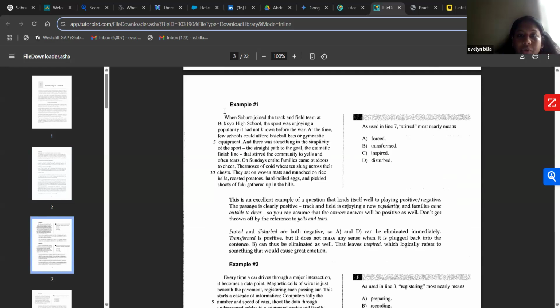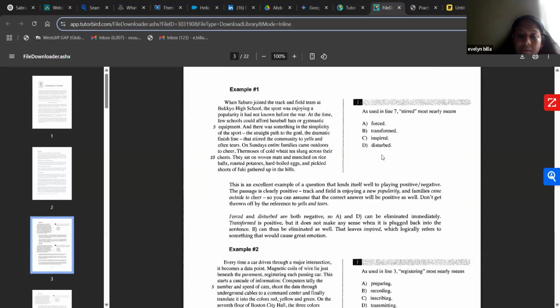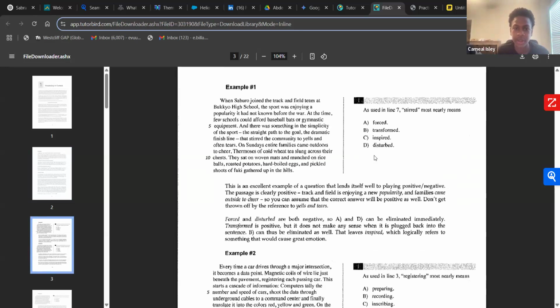So let's do an example here. Karnav, read the whole passage and the question, please. When Saburo joined the track and field team at Buckyo High School, the sport was enjoying a popularity it had not known before the war.